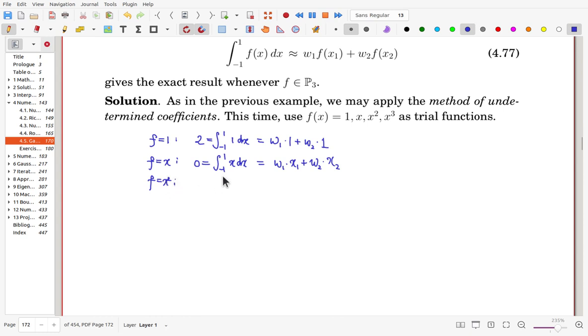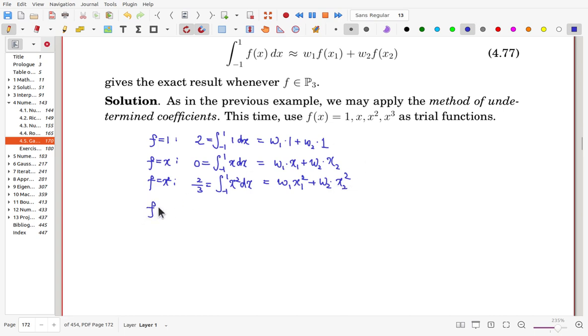Then the integral from minus 1 to 1 of x squared dx is 2/3, which you can get quite easily. That is the same as w1 times x1 squared plus w2 times x2 squared. We need one more.